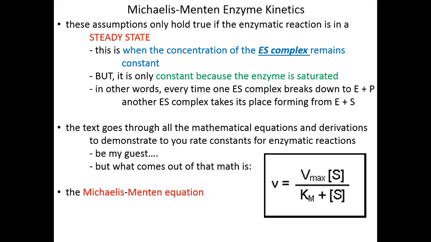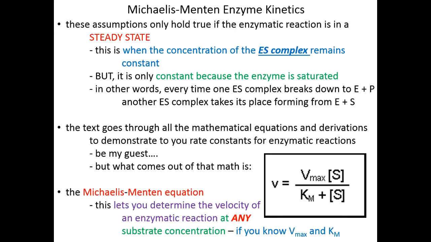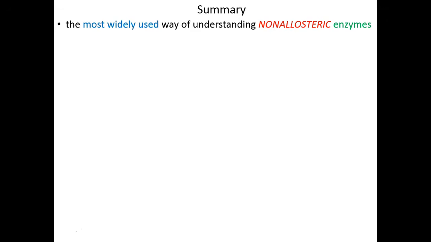It's incredible. Again, this is the Michaelis-Menten equation, and it lets you determine the velocity of any enzymatic reaction at any substrate concentration you're interested in, as long as you know the set constant properties of that enzyme, Vmax and Km.